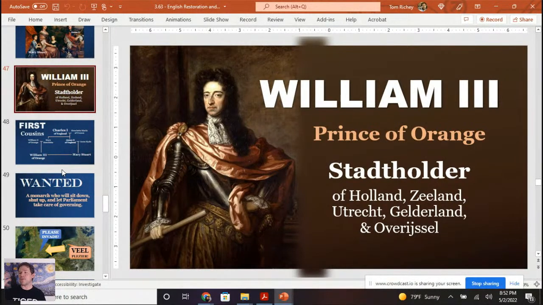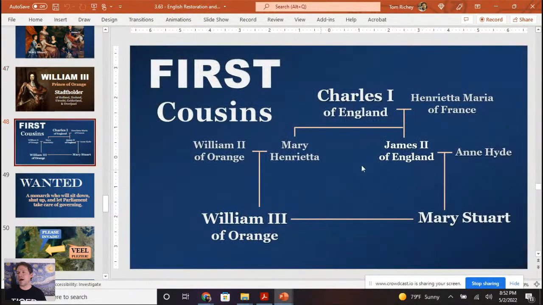So he was a stadtholder in the Dutch Republic. This is kind of gross, but basically, Charles I of England, you had James II of England, then his daughter married William II of Orange, so you got William III of Orange.